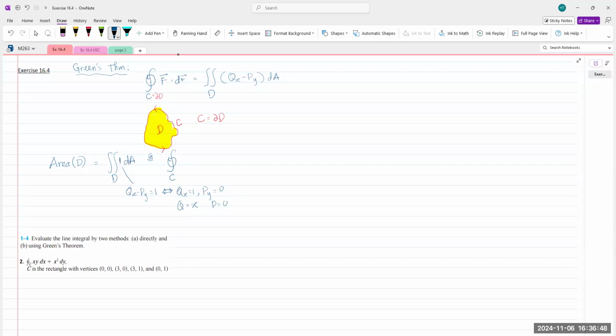So we get F is (0, x), dotted with (dx, dy). This is the vector field F, and this is the dr. If we put things together, this becomes the integral over closed curve C of x dy.